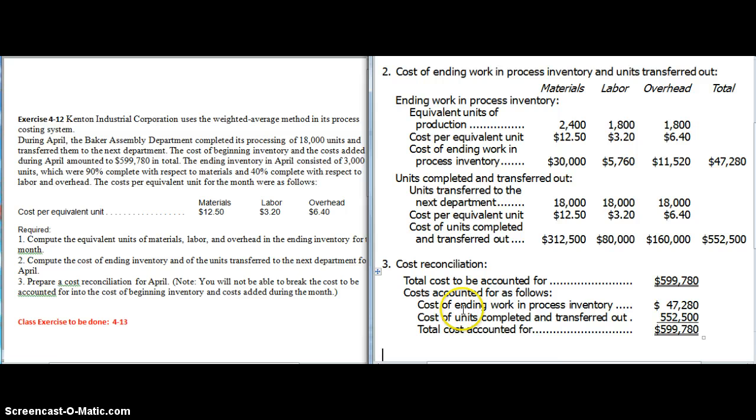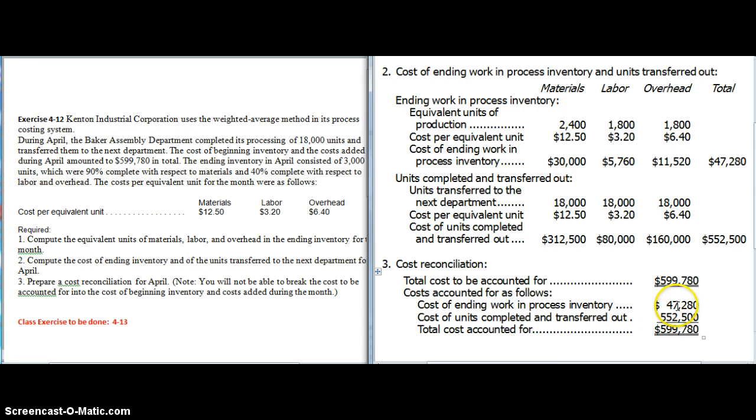Then you bring down the cost of the ending work in process inventory, which you have calculated here, $47,280. And then you add to this the cost of units completed and transferred out, which you bring down from this step, $552,500.